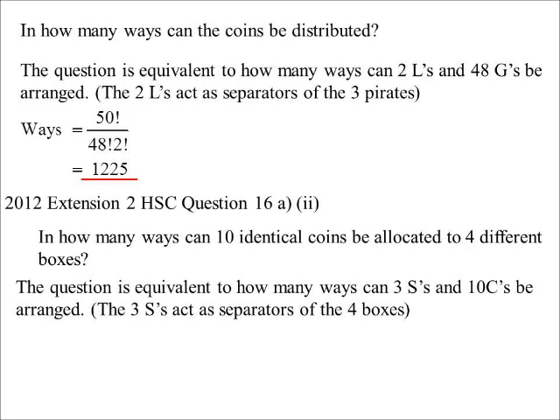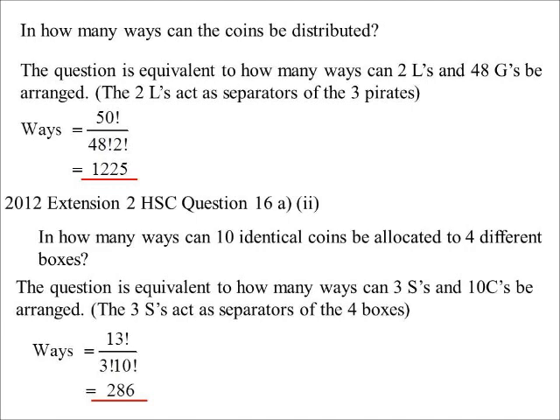So I'm going to say the letter C represents the coins, the letter S is going to be the separator, and my question now is going to be, how many words can I make with 10 C's and 3 S's? Wherever the S falls, that would tell me how many coins I'm going to put in the box. So it becomes 13 factorial on 3 factorial, 10 factorial. So there's 286 ways of doing that.